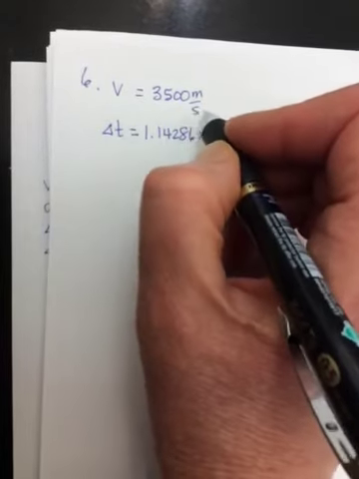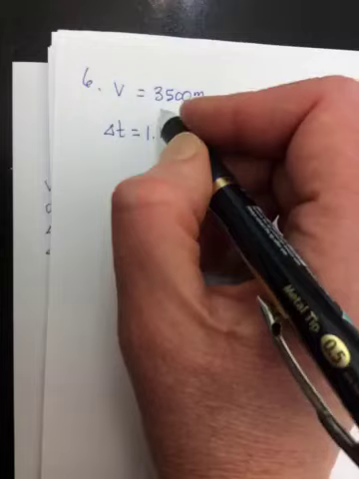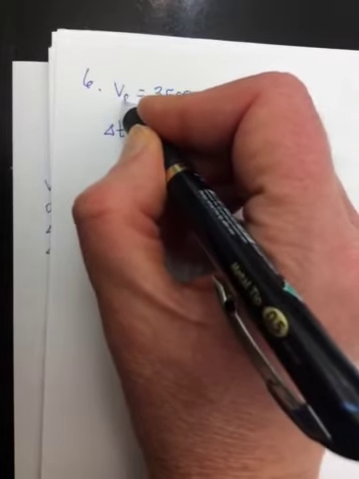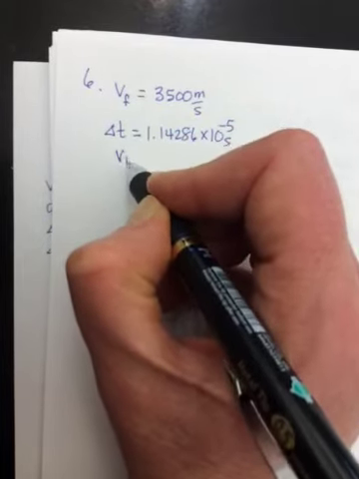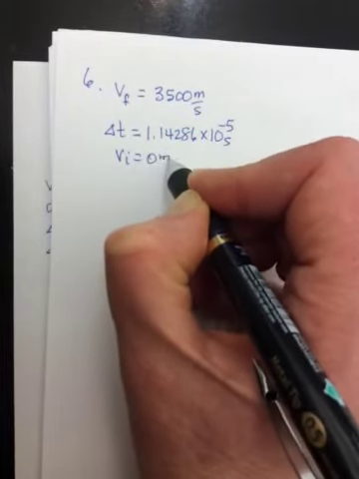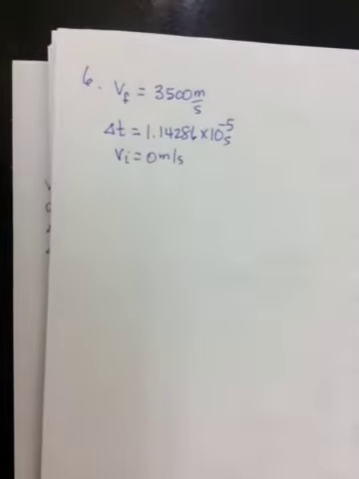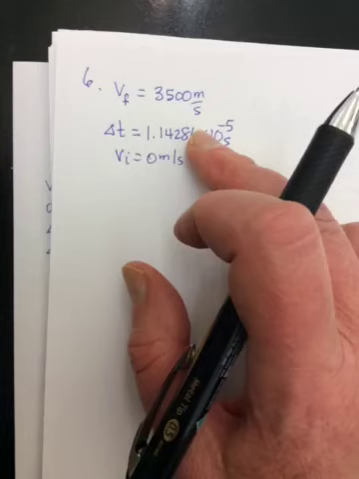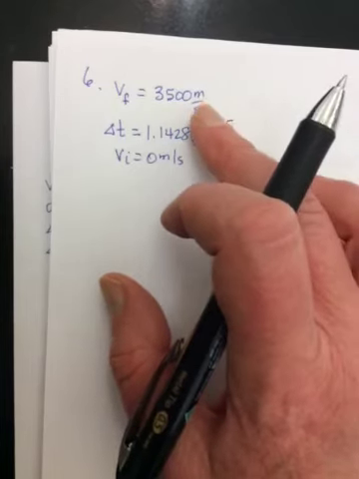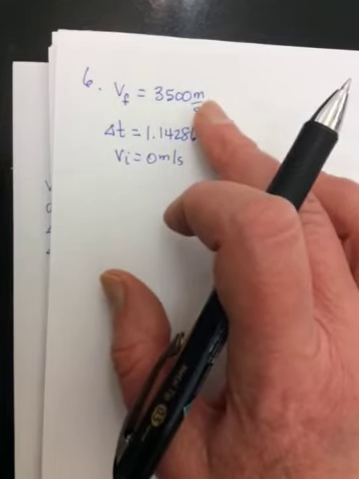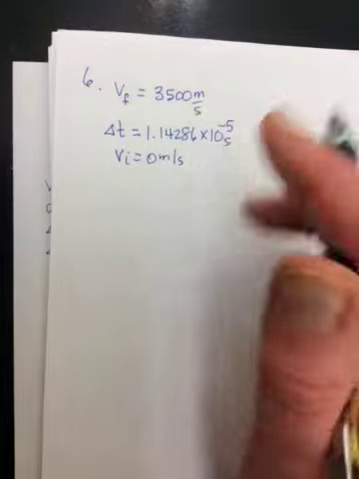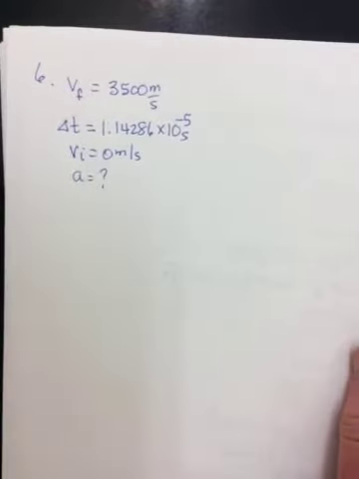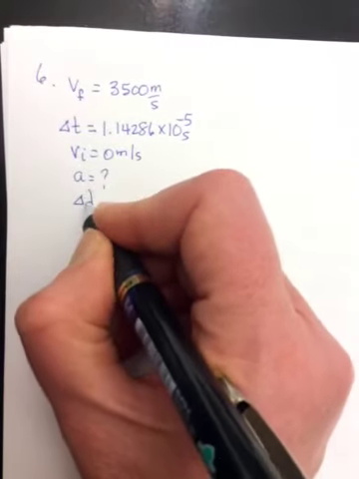Now what is this 3,500 meters per second? If the thing is launching it, this must be its final velocity, because usually when you launch something, its initial velocity is 0, right? So initially it's not moving, and then this thing applies a force on it to accelerate it to a speed of 3,500 meters per second. What was the acceleration given to the object? Okay, and then over what distance?